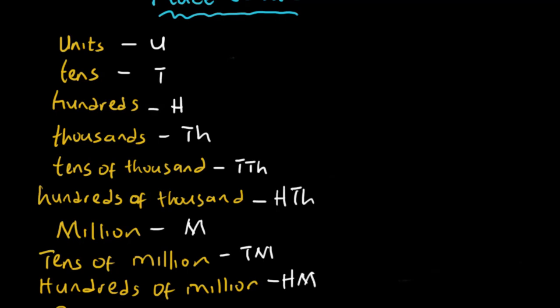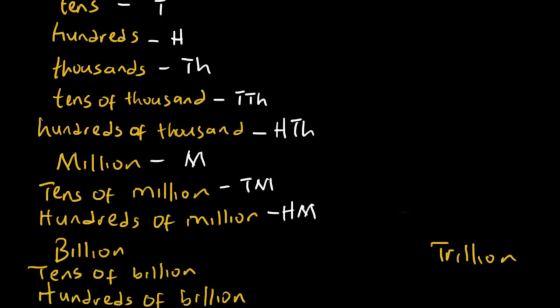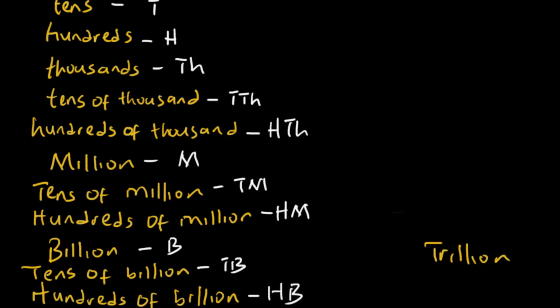Do you understand? Then we have billion B, tens of billion TB, hundreds of billion HB, then trillion, we can represent it as TR. Do you understand?